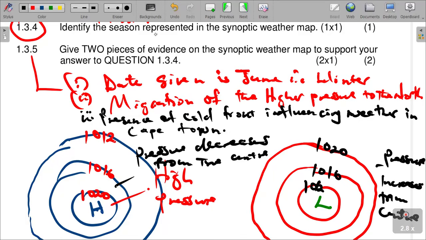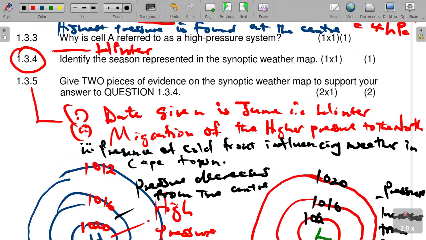The presence of the cold front that is influencing the weather in Cape Town also represents that it is winter.